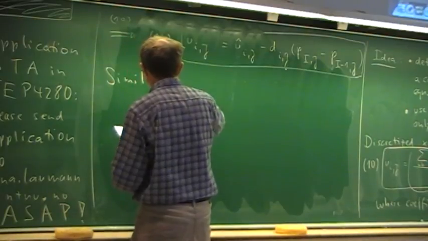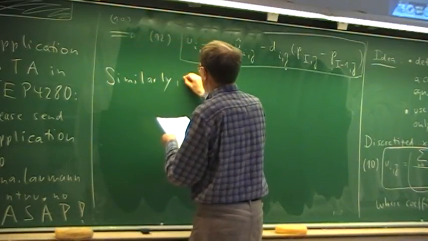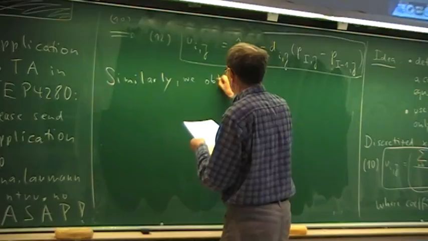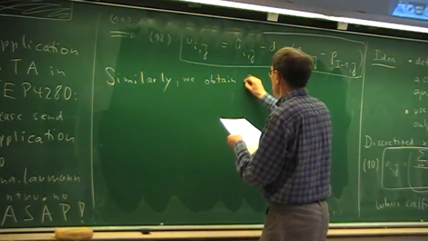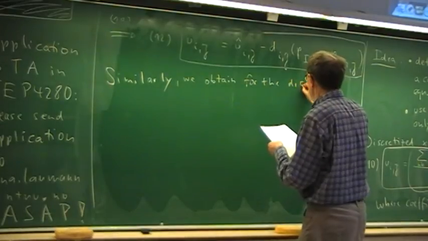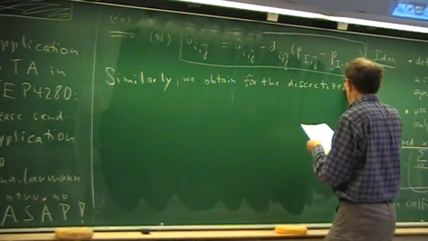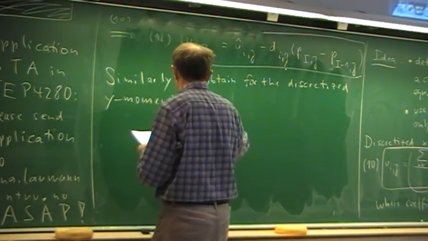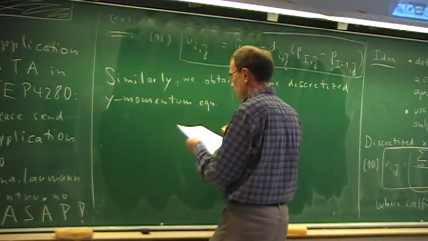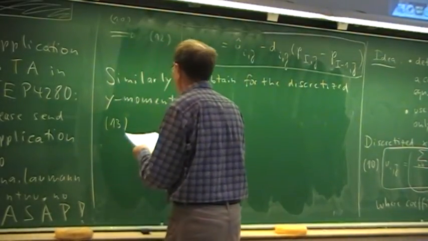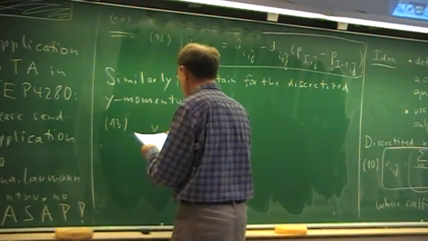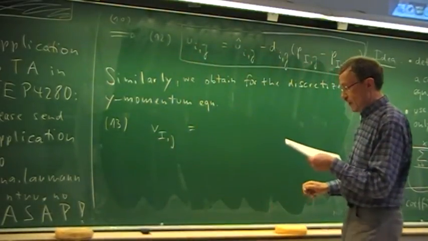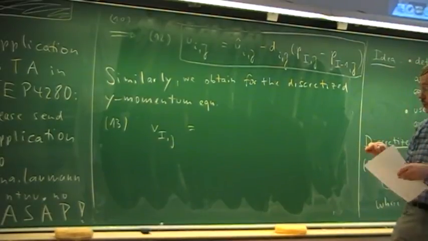So similarly, we define correspondingly, and we obtain them for the discretized y momentum equation. Following that, we get the velocity component in the y direction, v at capital I lowercase j, which is sitting at another place, as we know from the staggered grid.